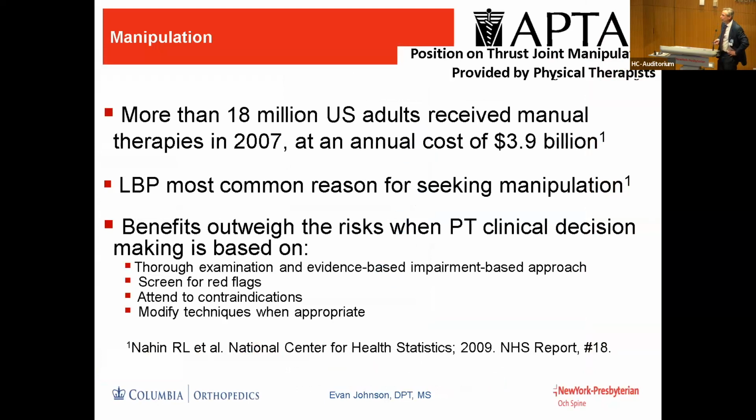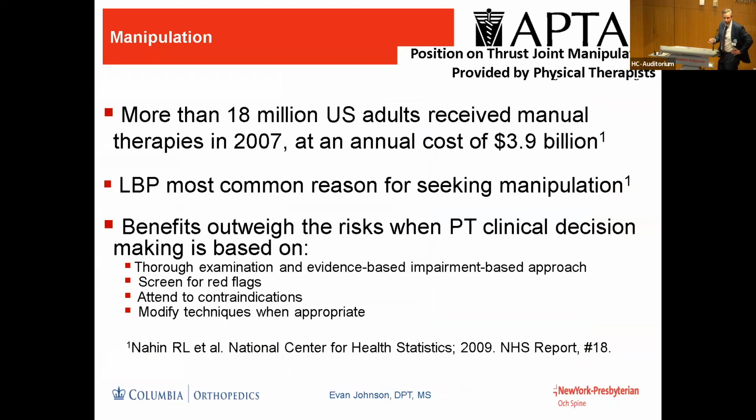To that end, this is old, from a paper in 2009, National Center for Health Statistics, but I haven't seen more recent statistics. As of 2007, more than 18 million US adults received manual therapy in 1 year for a cost of $3.9 billion. I'm sure that's higher now, in both more Americans and more money. And I always say, in many years in medicine, if there's a trough, there will be people feeding at the trough.